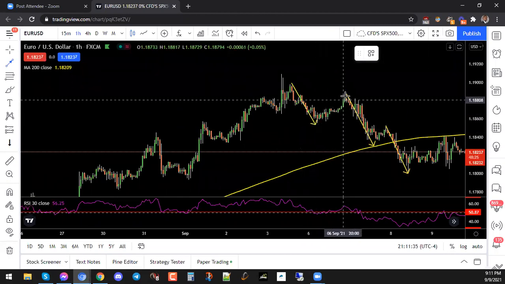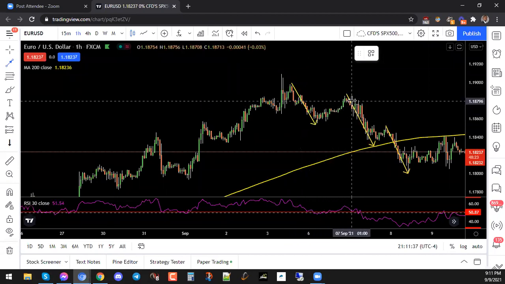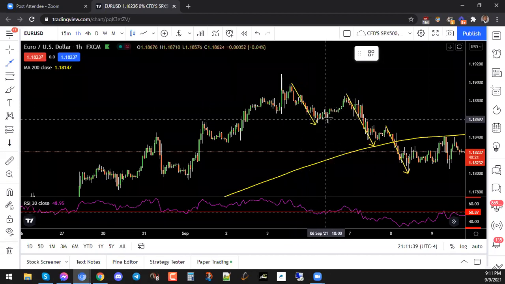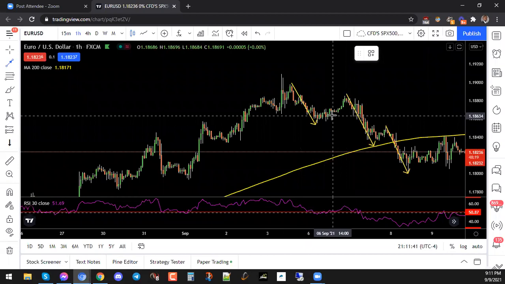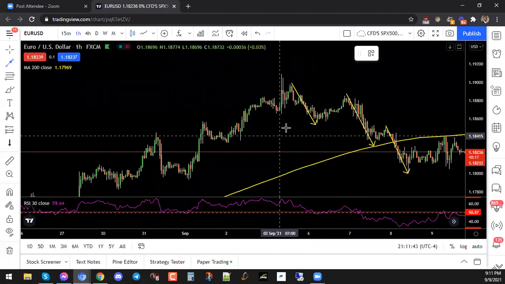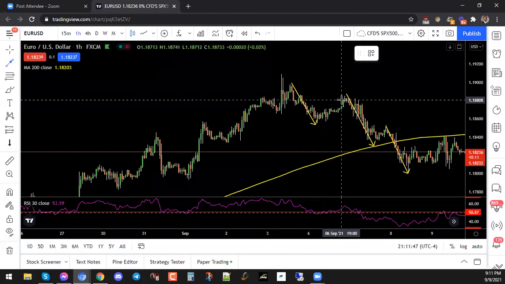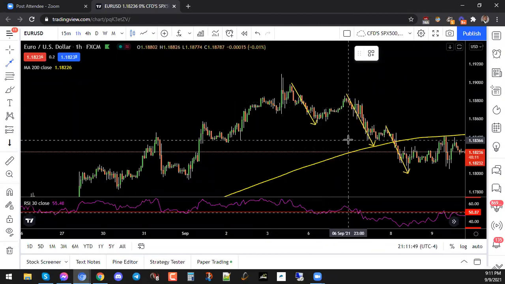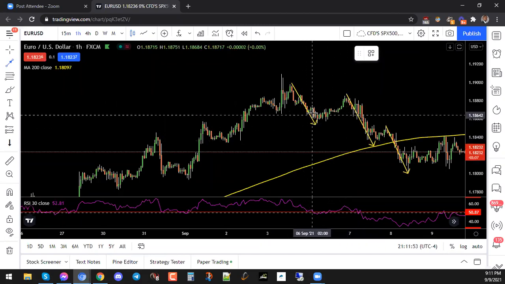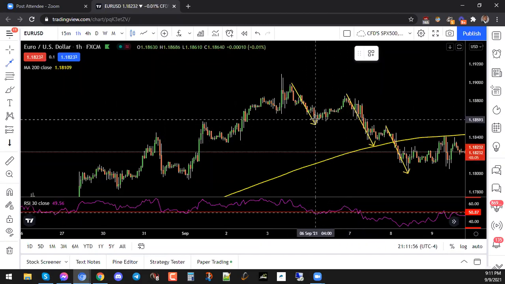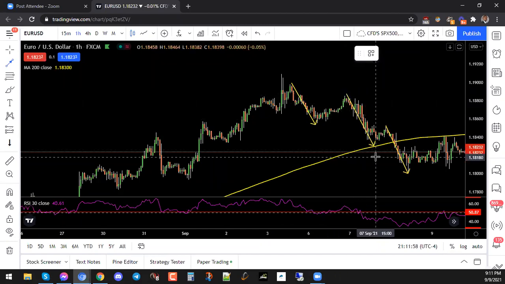If you don't see a decent pullback, a few hours of pullback, in some cases maybe a day or so of pullback, it would in some cases mean that you may not necessarily get an aggressive move in the direction of the trend. Okay, so if it's a small pullback, you could get a small move. If it's a big pullback, you can get a big move, right?